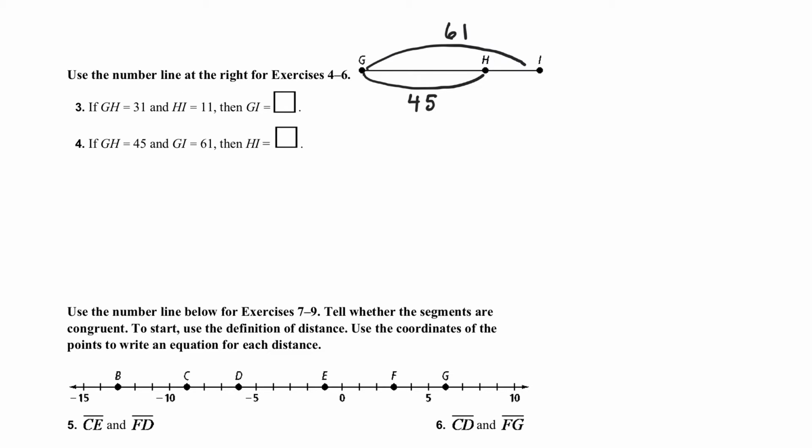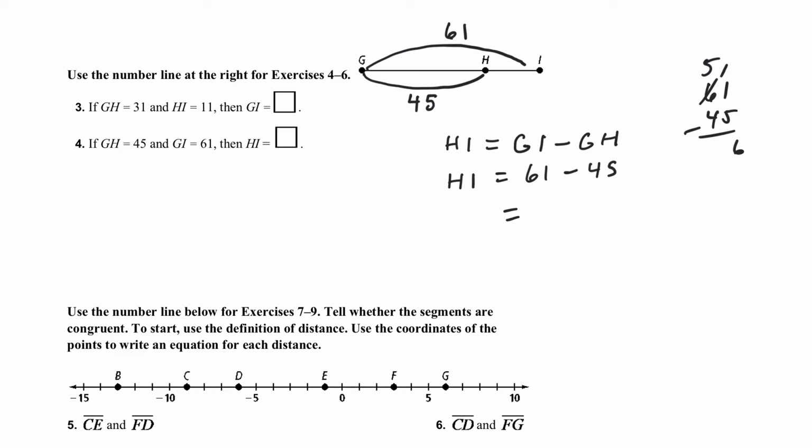So to find H, I, it's going to be GI minus GH. So GI is 61, GH is 45. So the distance from H to I will be the difference of 61 minus 45. So we have 61, 45, subtract. So we have 16. The distance is 16.